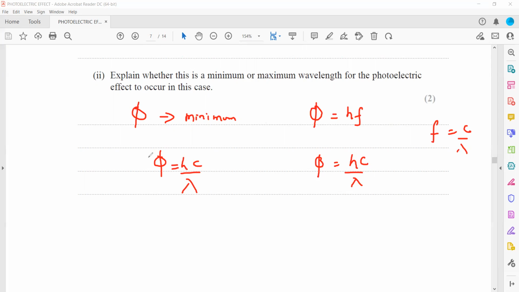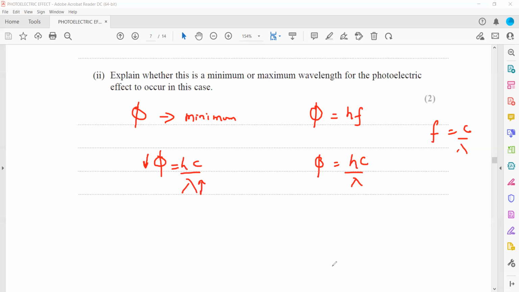The work function is the smallest energy, so the wavelength will be the longer one. So this is the maximum wavelength. When we have the minimum energy to remove the electron, we have the maximum wavelength.